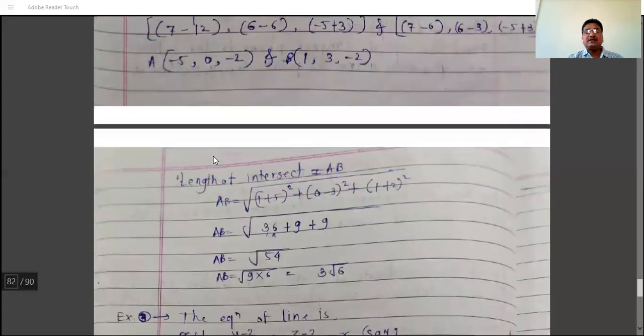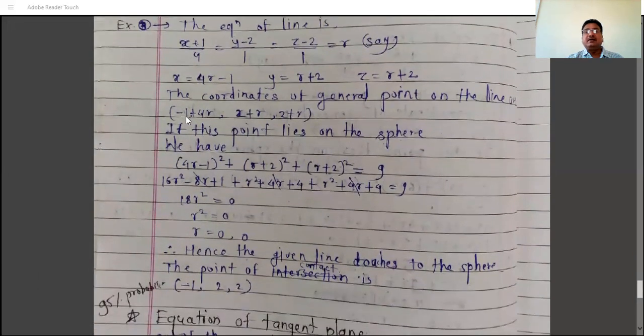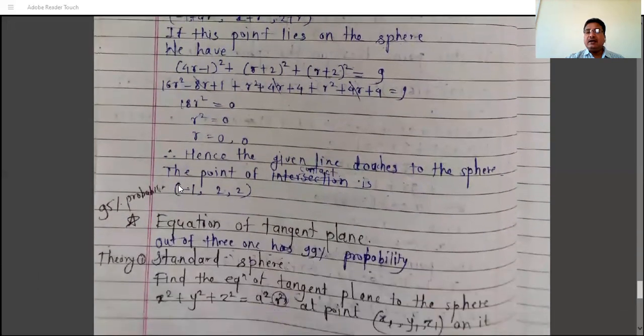So substitute x as 4r minus 1, so (4r minus 1) square, y as 2 plus r, or (r plus 2) square, plus (r plus 2) square is equal to 9. So the coordinates satisfy the equation of the sphere. After simplification, the square of this is 16r square minus 8r plus 1, and then (r plus 2) square is this, and (r plus 2) square is this.